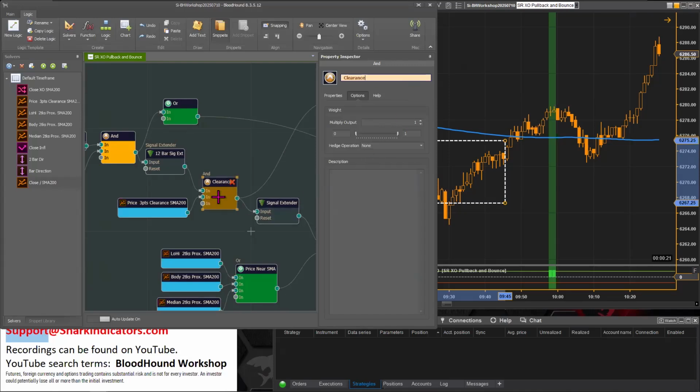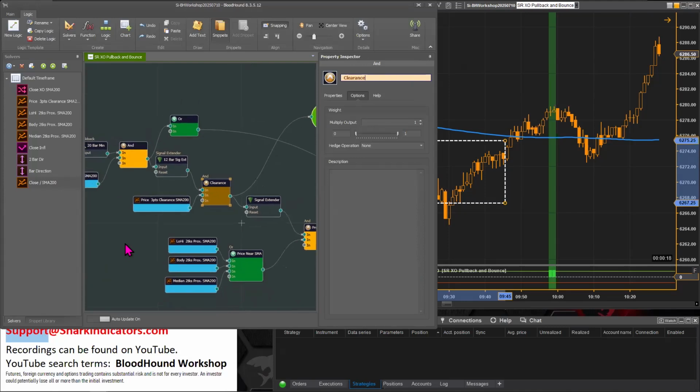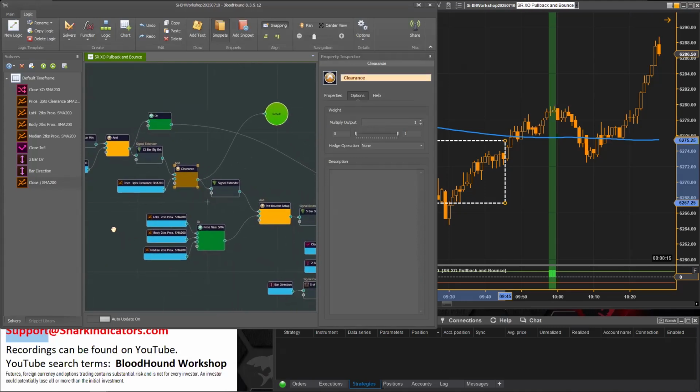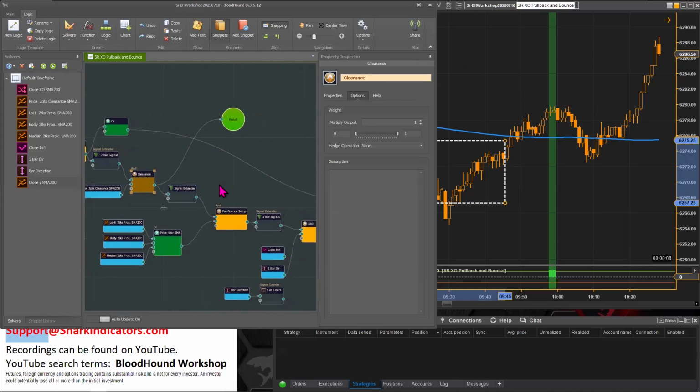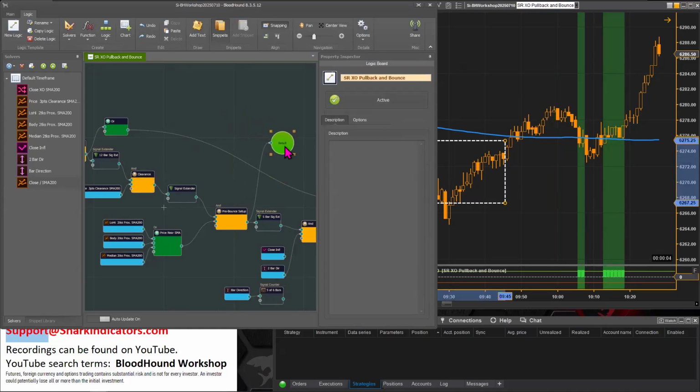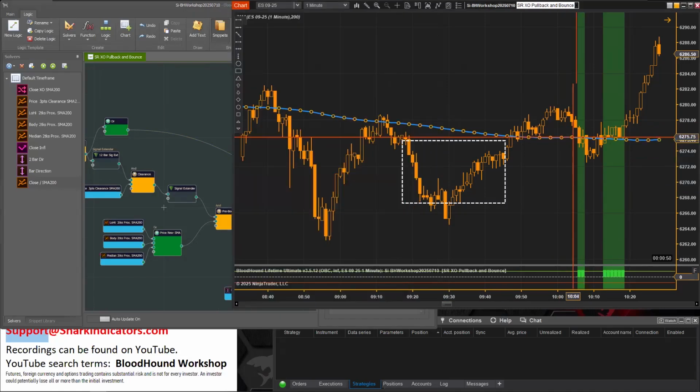There we go. We'll name that AND node. It's always good to name your AND nodes if you can, find a name for it, so we know what we're looking at. And okay, there we go. So yeah, price comes back, and it's obviously near the SMA, but it actually crossed down.